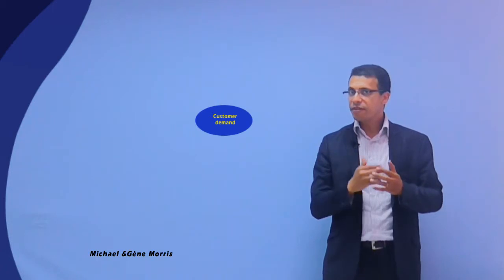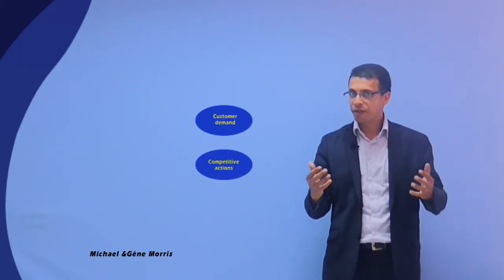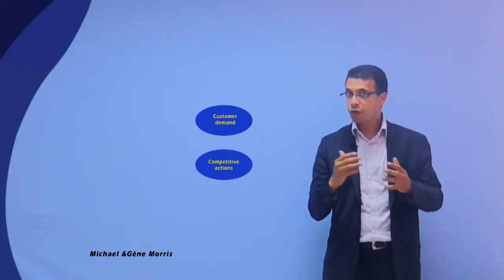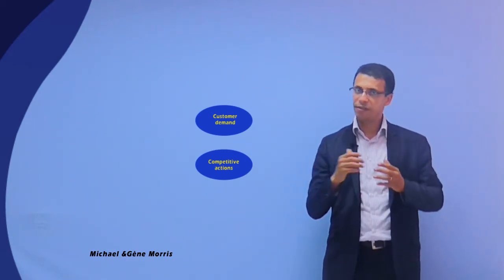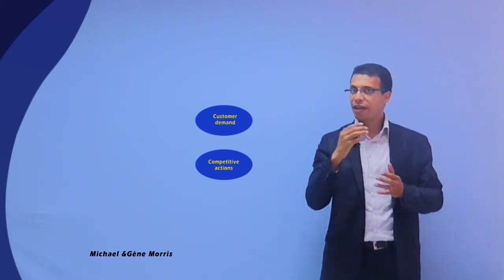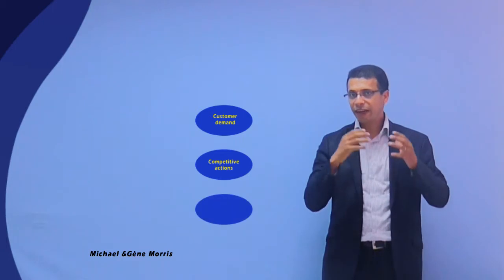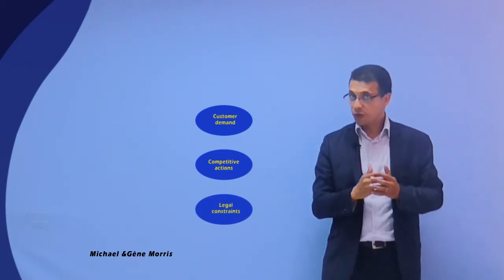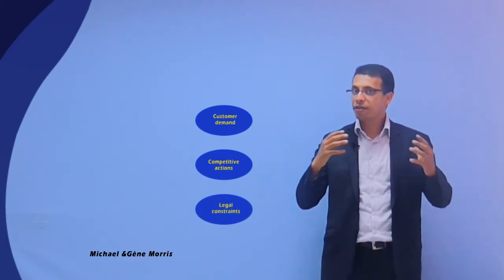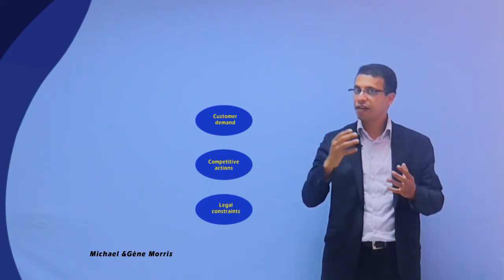The second determinant is the competitor actions, and what we do in terms of attack and defense strategies. The last external determinant is the legal constraints that we need to take into account while we fix the price in a given country and market.